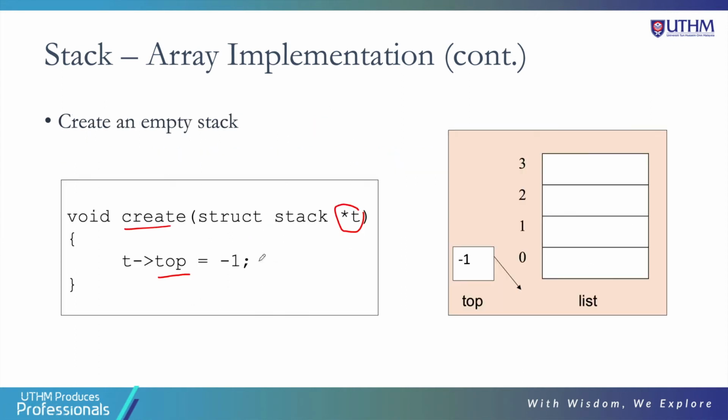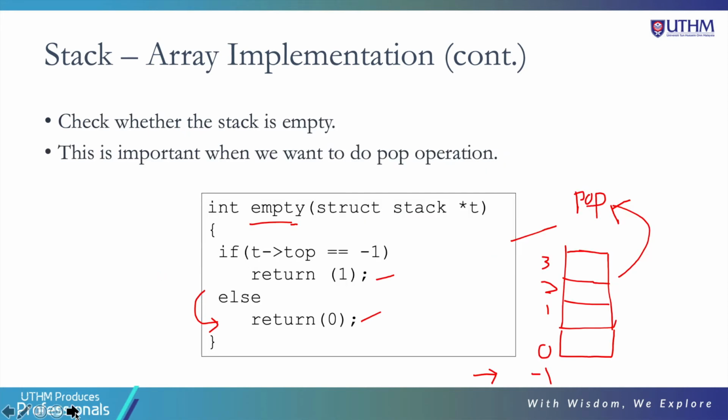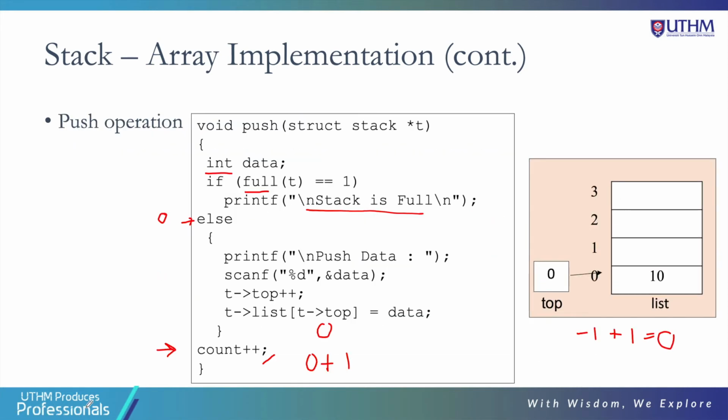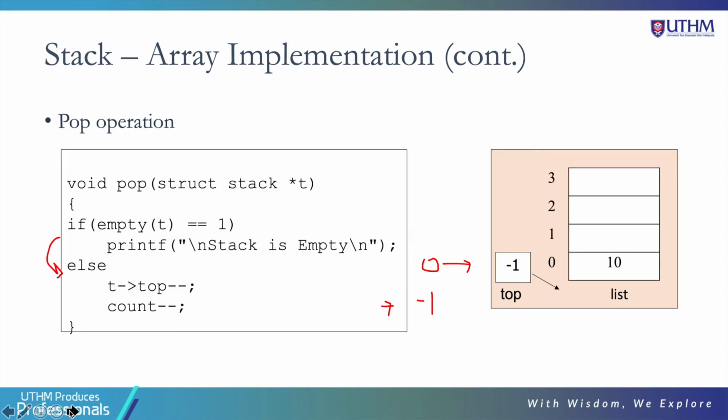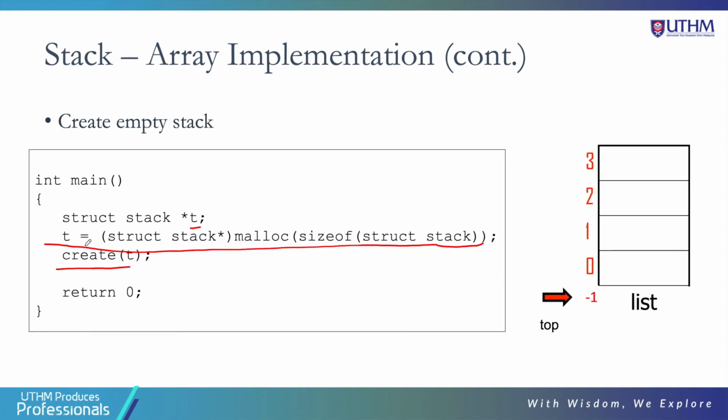By referring here, in the create function we instantiate top equal to -1, meaning that the stack is empty. So the first thing we need to do inside the main is to create an empty stack.